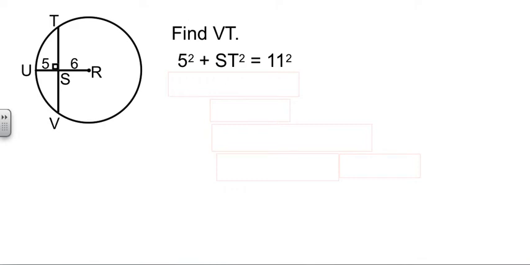So I'm going to draw in another line, another radius here. Now the question is, how long is this line? Well, the radius from R out to U is 11. So then the radius from R to T would also have to be 11. Remember, inside the circle, all the radii are congruent.